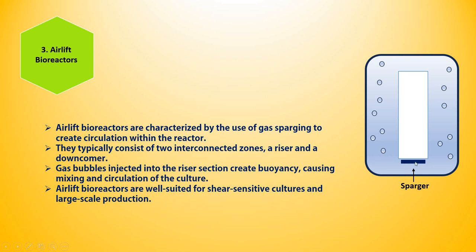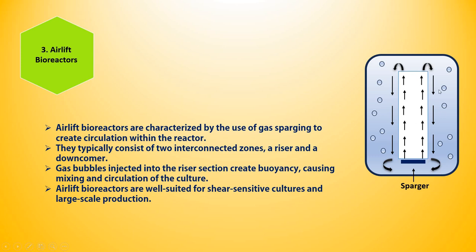How? This is the sparger from where the air bubbles come out into the riser section. Like this, the air bubbles come out from the sparger in the riser section. They go up, and when they come to the downcomer region, they circulate like this. So it produces a circulating motion within the bioreactor.